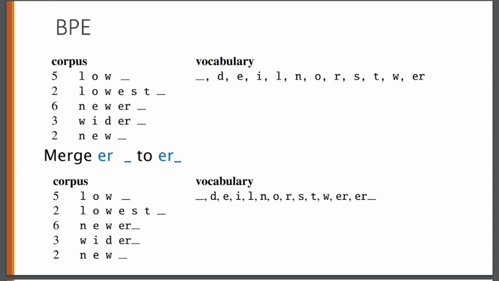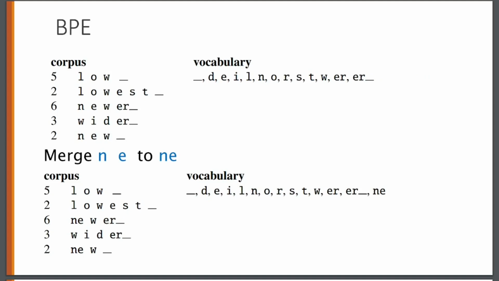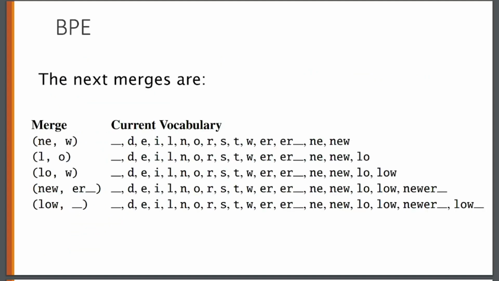Then we observe again and replace again, and observe again and replace again, until we've performed this merger k times, where k is just some predetermined constant.